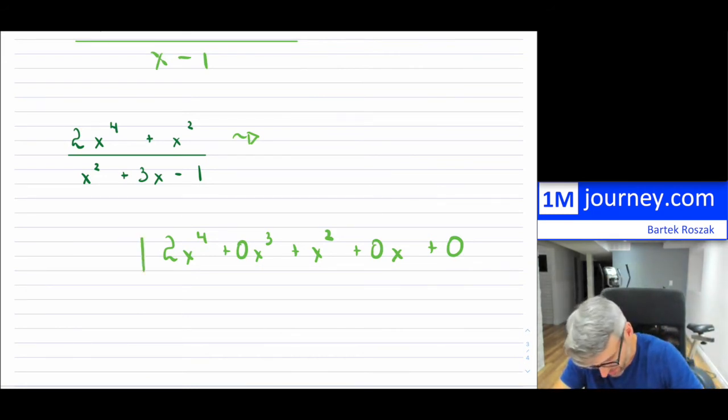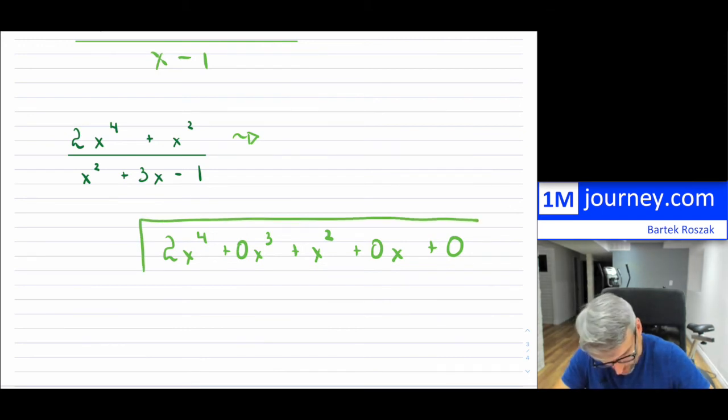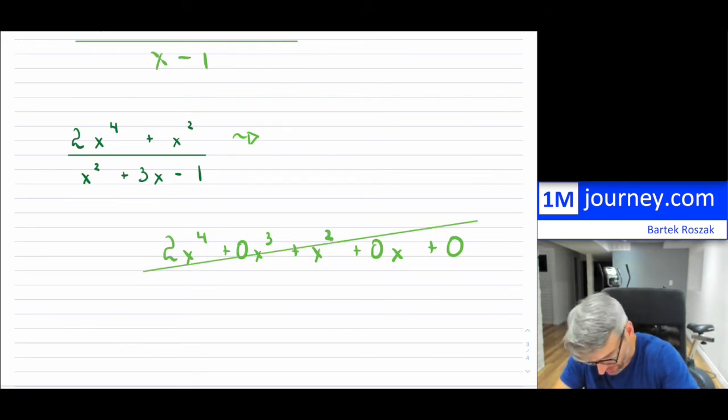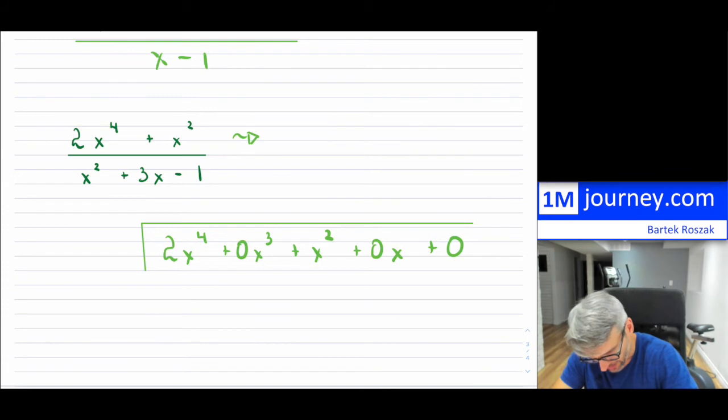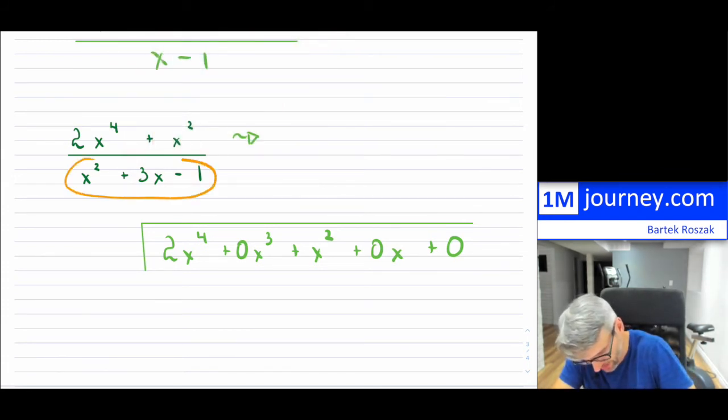And now, let me put this a little bit nicer. So now I'm going to do the division, and here is my divisor right here. Now this one has all its terms: x squared plus 3x minus 1.